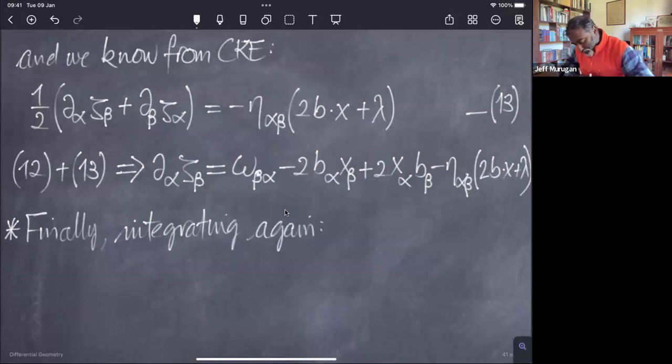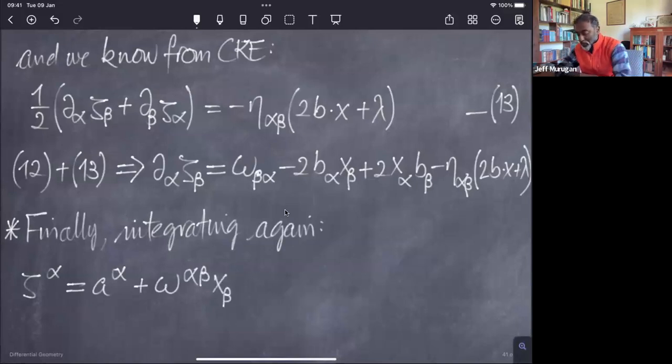I get that ζ^α, and I'm choosing to write the index upstairs now, it doesn't really matter, is some constant a^α plus ω^αβ x_β. That comes from this term here, which is a constant.